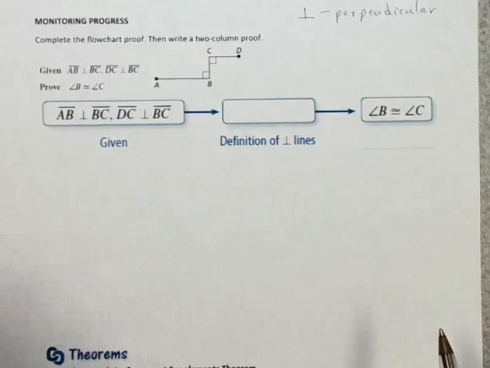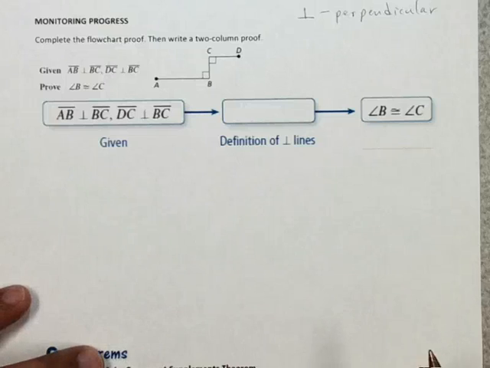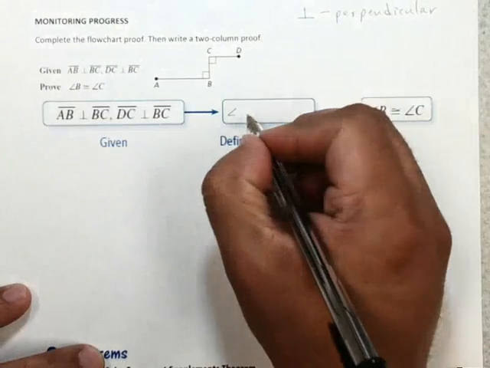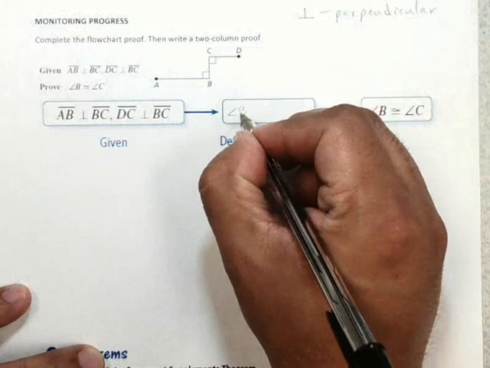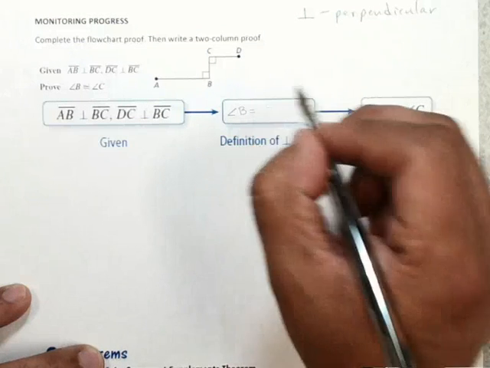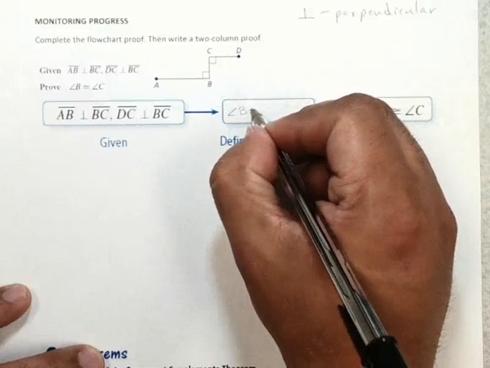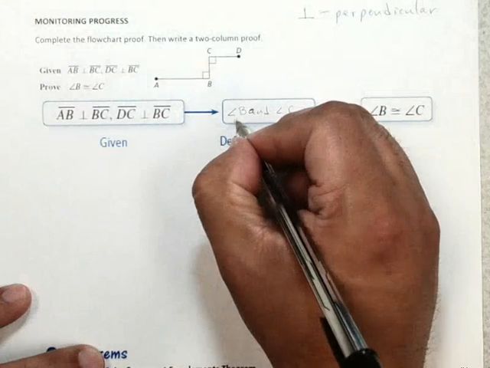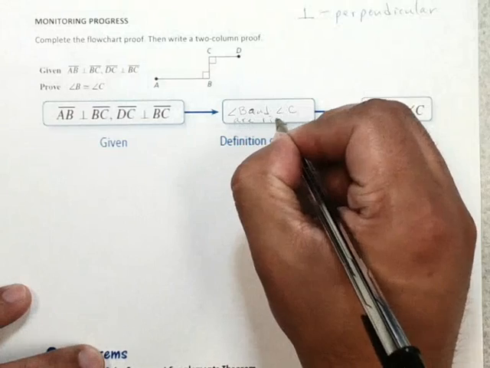Then we would say that must mean that angle B and angle C are right angles.